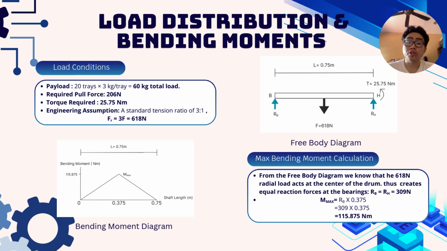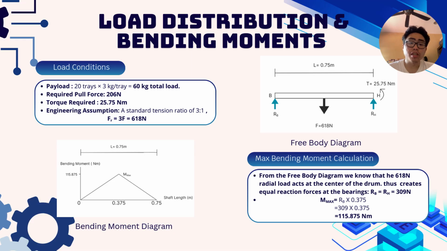We applied a 3:1 tension ratio, which is a standard engineering assumption for flat belts. We use this specific ratio because in a real-world system, the belt must be under tension on both the tight and the slack sides to ensure the drive drum has enough friction to transmit power without slipping.